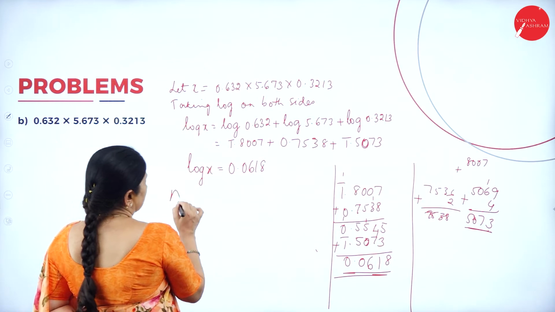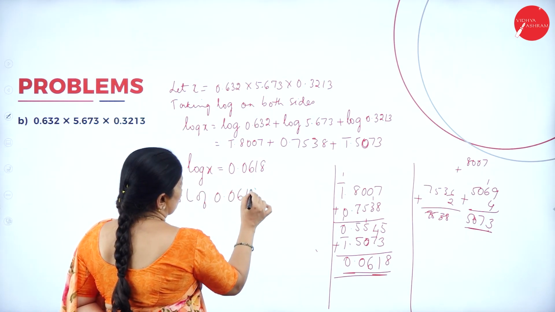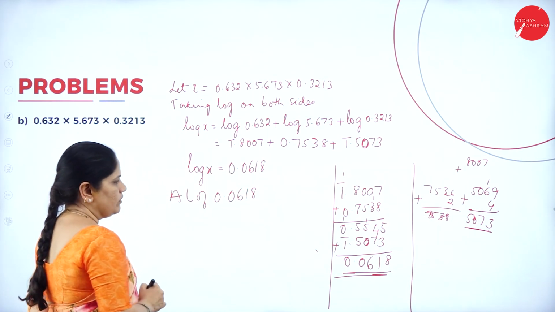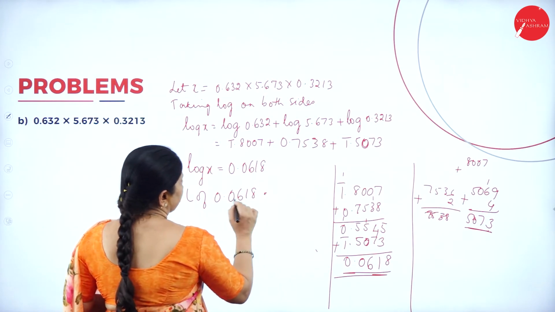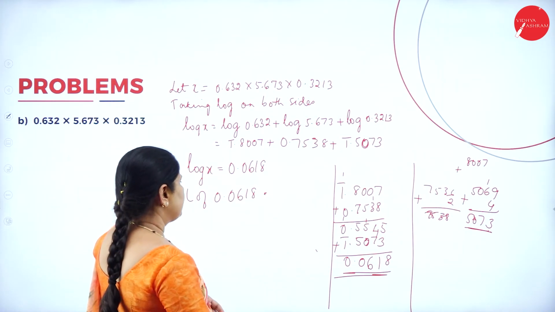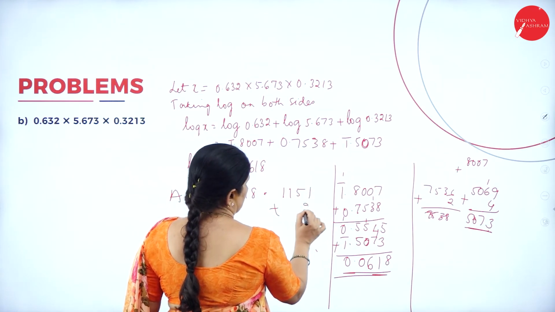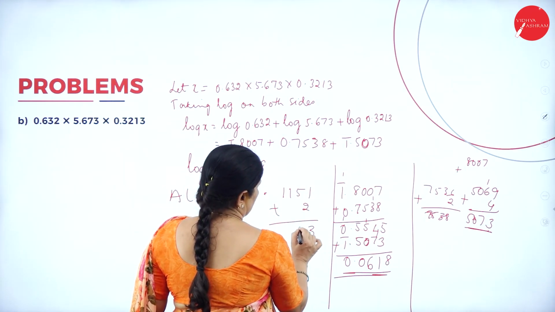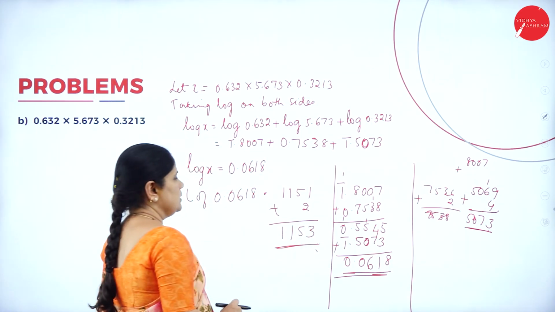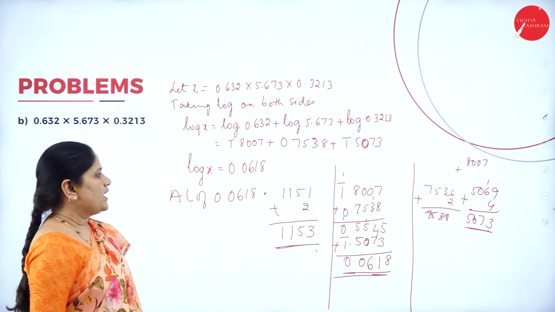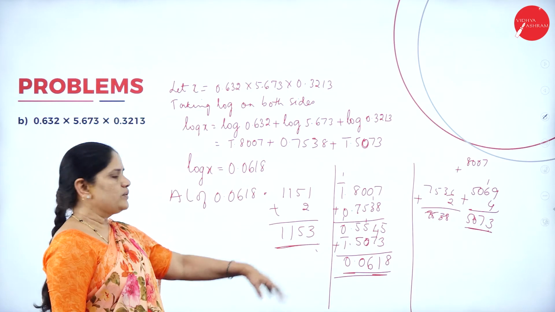Now we have to find the anti-log value of this. Anti-log of 0.0618. Now I have to see the value from 0.06. So I am getting 1151 plus 2, I will get 1153.